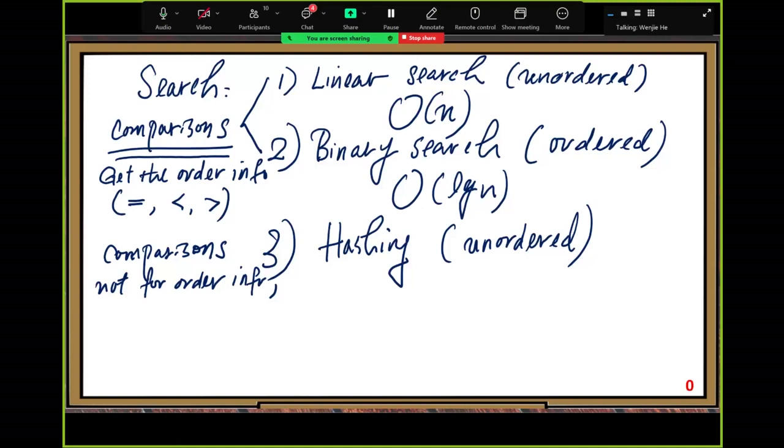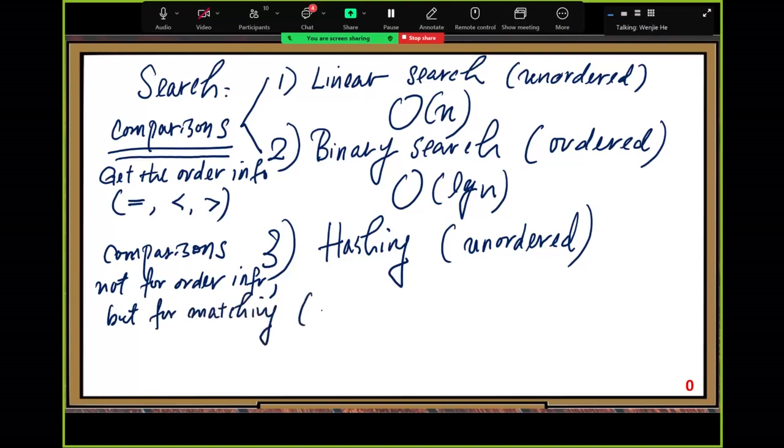But there is another comparison, not for order, it's for matching. Matching or not. Two data pieces are equal or not. Matching means equal. Not matched means not equal. So not for order, but for matching.